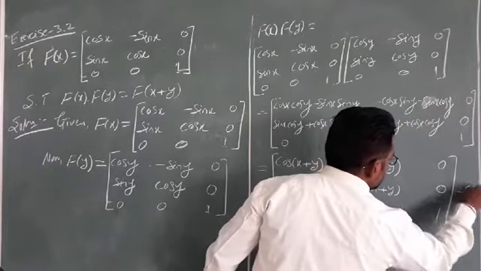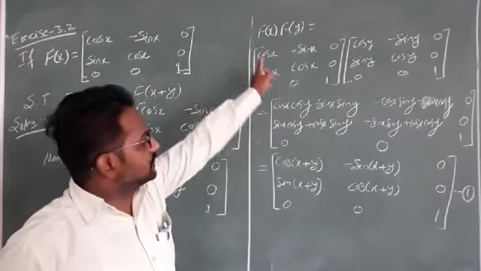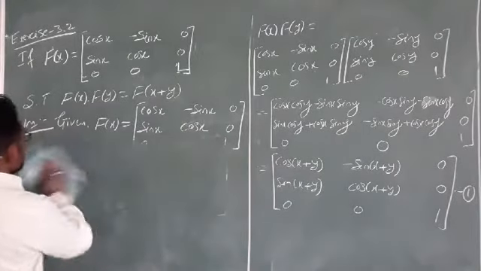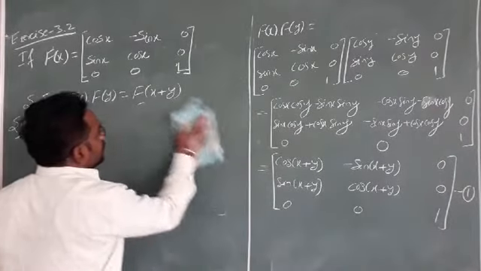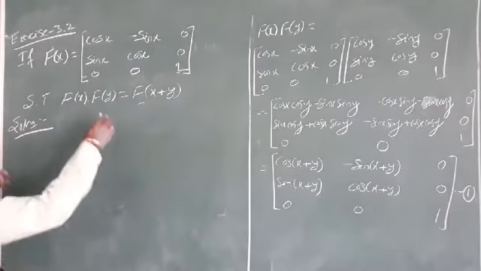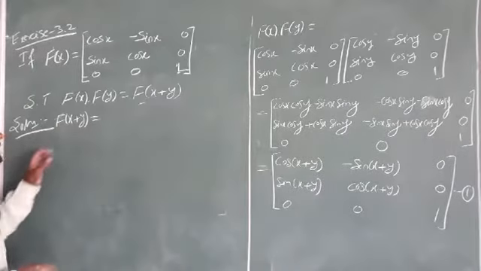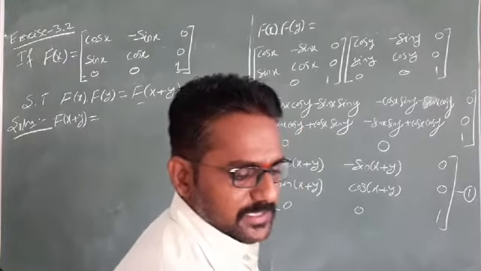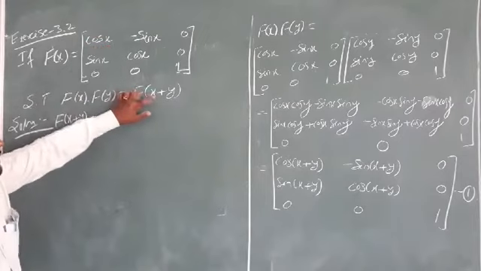So take it as equation number 1, students. So f of x into f of y is this matrix. Now I have to find the RHS value. What is that? F of x plus y. In the given matrix, just replace x by x plus y.